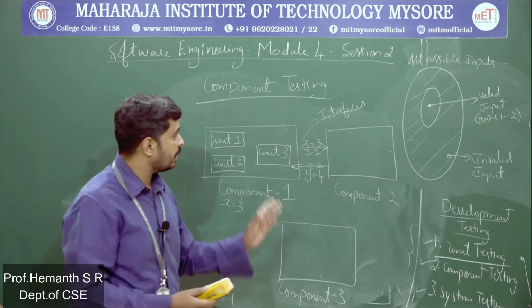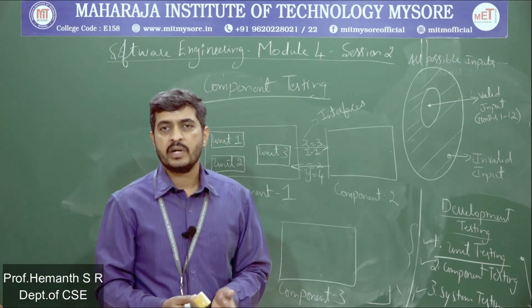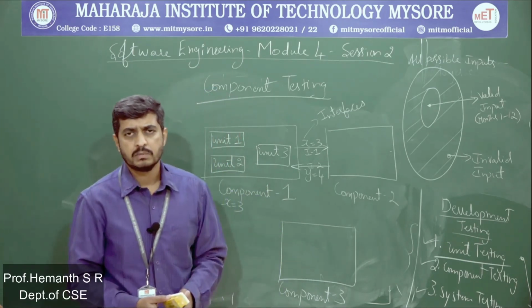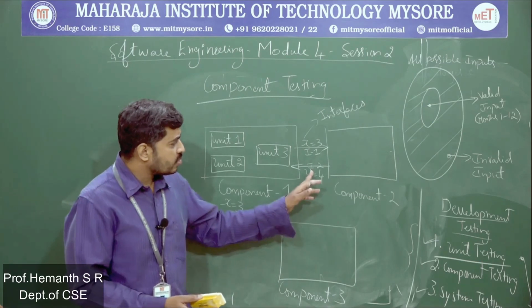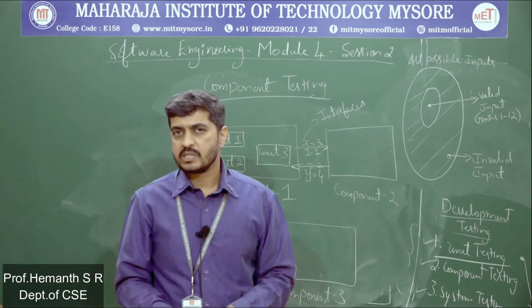In the next session, we will go into the details of component testing. We will see the different types of component testing, issues we may experience, and how to resolve them. As you saw, interface is a crucial component here, and we will study different aspects of interfaces.